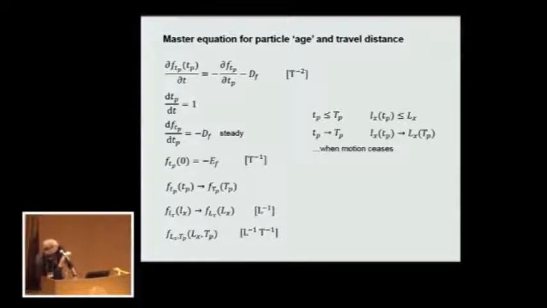We can write the probability distribution of particle age. It satisfies an advection equation where particles age at rate 1, that is the advective velocity. That is, you age per unit time at a rate of 1. Under steady state conditions, or if you wish statistical equilibrium conditions, this distribution then goes to the ensemble distributions.